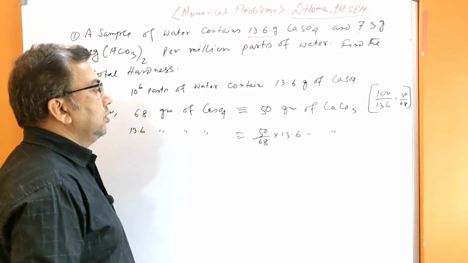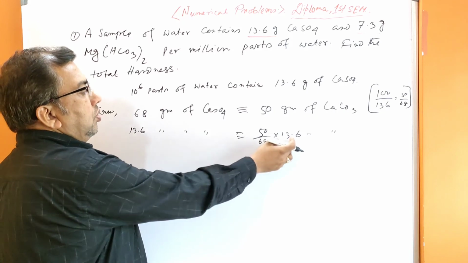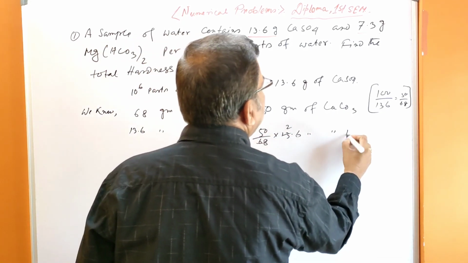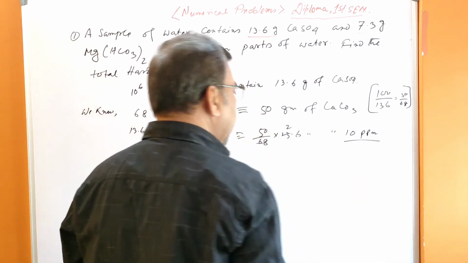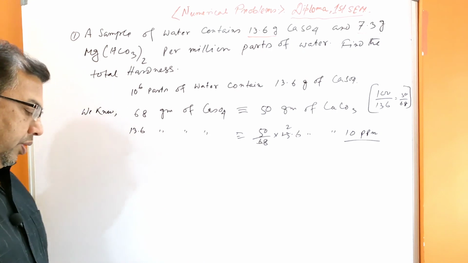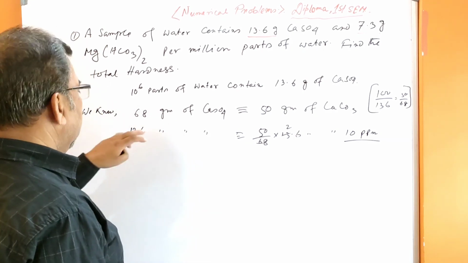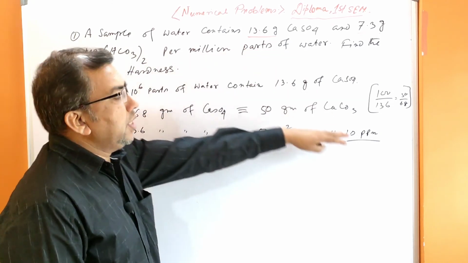Do it. 10 gram, 10 ppm. That is the hardness of water, the permanent hardness due to the presence of calcium sulfate, is 10 ppm.